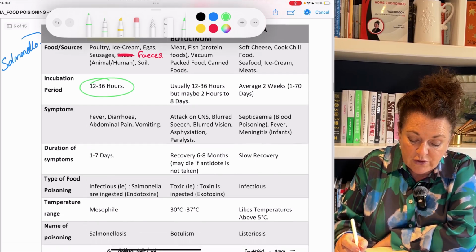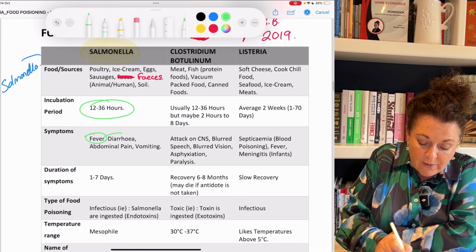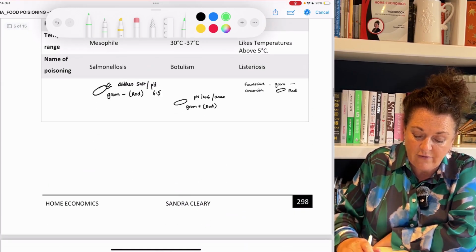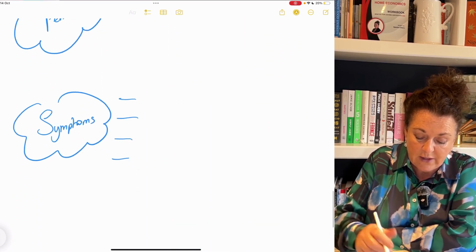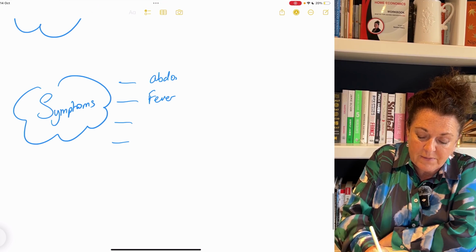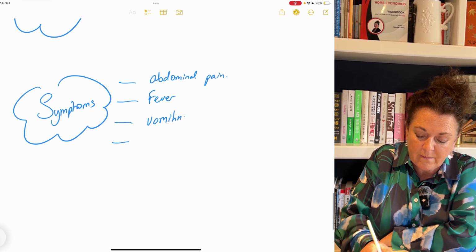So with regard to the symptoms of Salmonella, we have fever, diarrhea, abdominal pain, and vomiting. So I wouldn't learn it from, as I say, that table. So fever, abdominal pain, vomiting, and diarrhea.